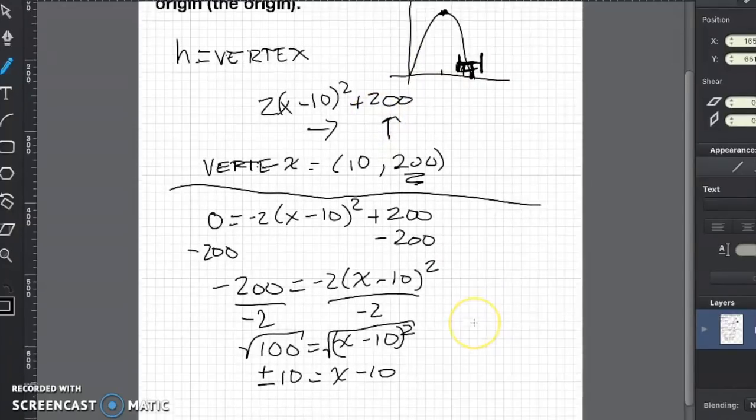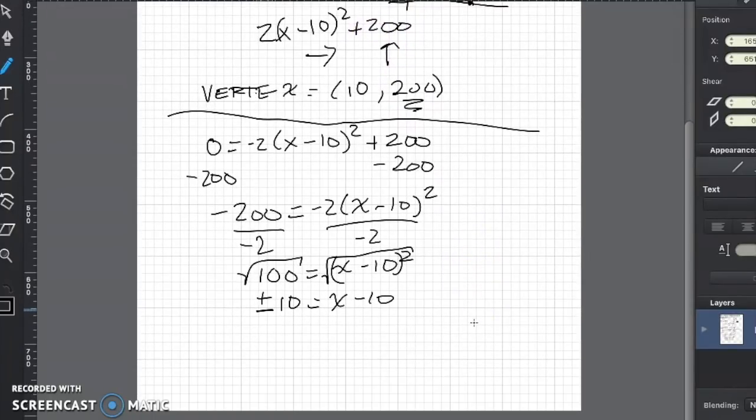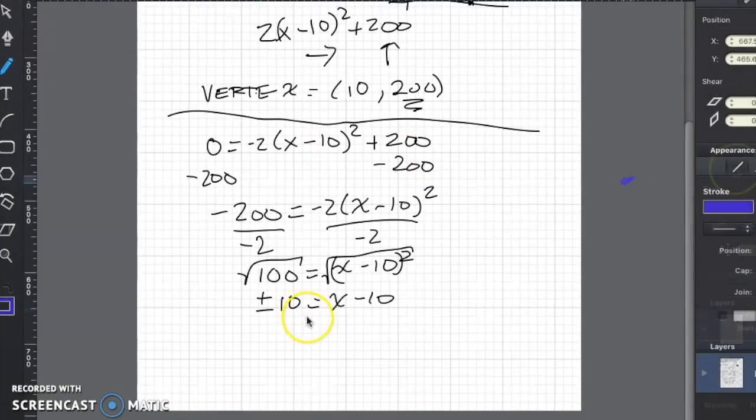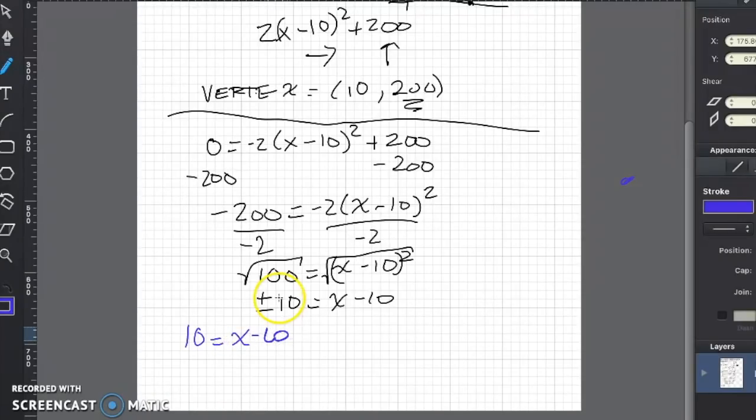So let's split that up. I'm going to write two different equations. In one case, I'm going to get a positive 10, so what was expected before, x minus 10. And in the other case, I'm going to get a negative 10, but I'll take care of that in a second, because I have this one in front of me now.